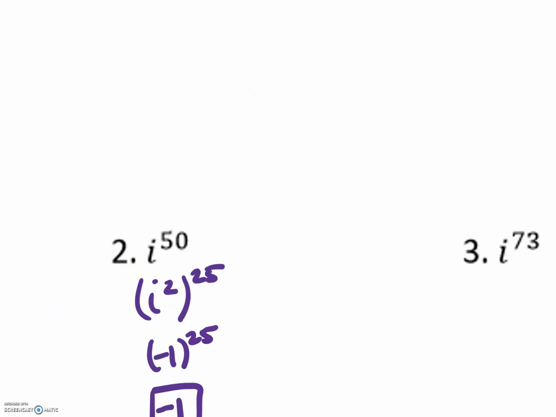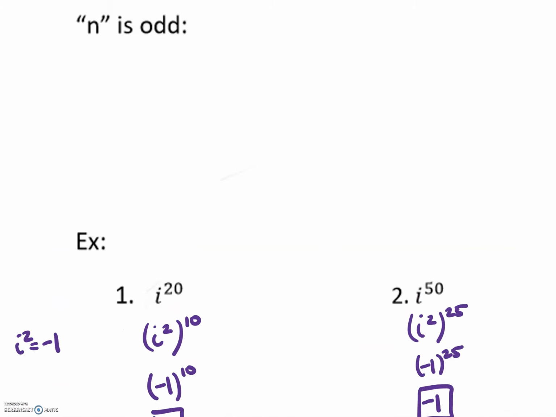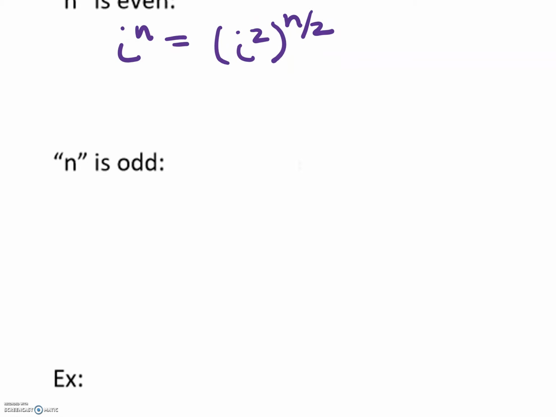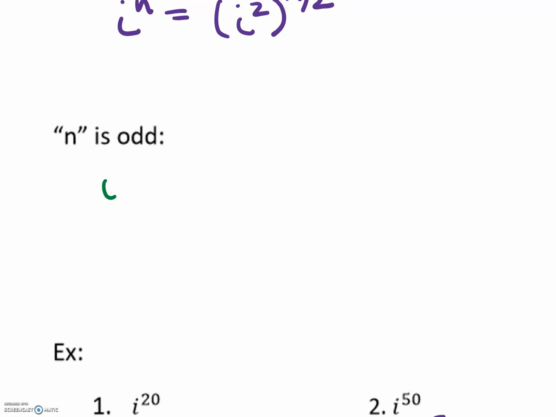Now you'll notice here in my last two examples, 73 and 13 are odd. So we need to go back up and come up with a formula or a rule that we're going to use when n is odd. So let's say n is odd. So if I have i to the n, and n is odd, how can we make n even?